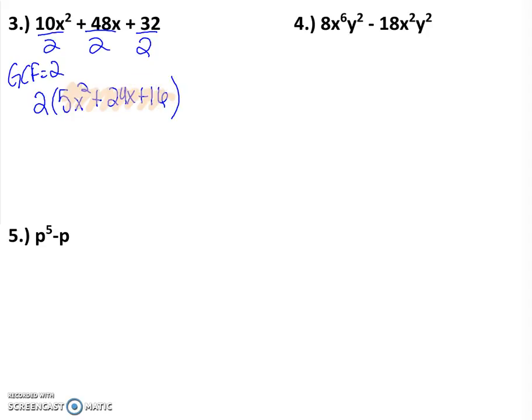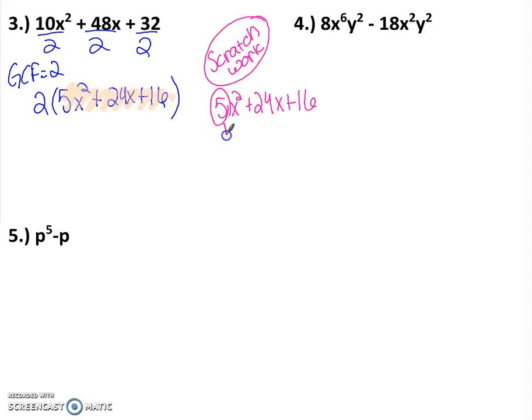So I'm going to do it by slide and divide. Could you do it by guess and check? Absolutely. So remember, for slide and divide, I'm going to do it in a different color so that we can see it, and say this is just my scratch work. My scratch work's in pink right here. 5x squared plus 24x plus 16.